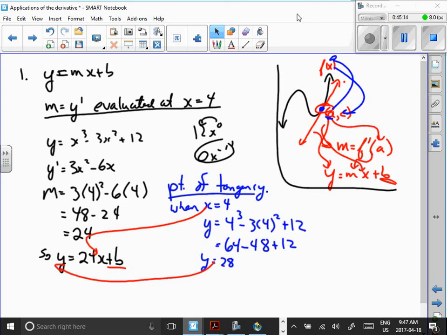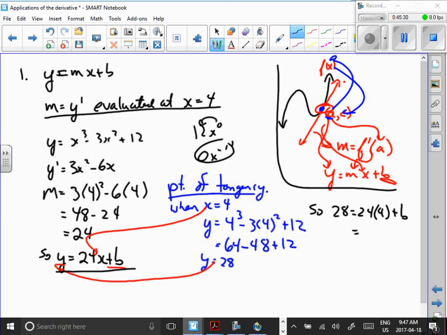So now we have, when we put a 28 in for y into the equation of the line here, we've got 24 times the x value, which is 4, plus b. Okay, 4 times 24, 96 plus b.